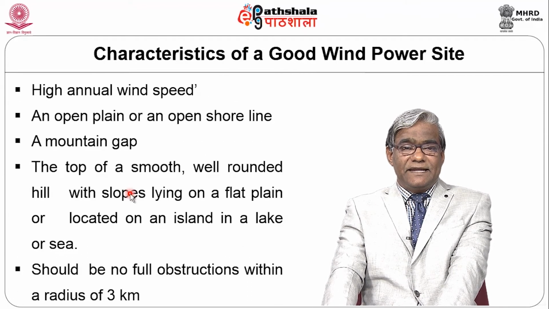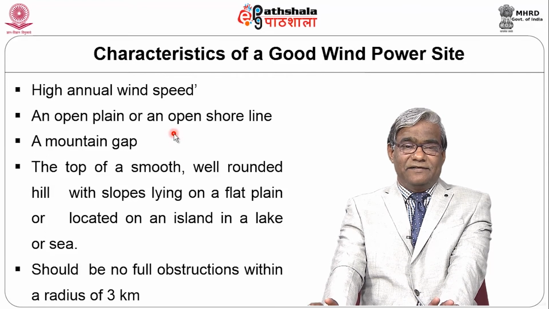And these are the characteristics of a good wind power site. High annual wind speed is one of the best characteristics the wind farm should have. Apart from it, an open plain or an open shoreline. If there is plain area, wind velocity will be very good, and on the open shoreline, definitely the wind velocity will be very good.